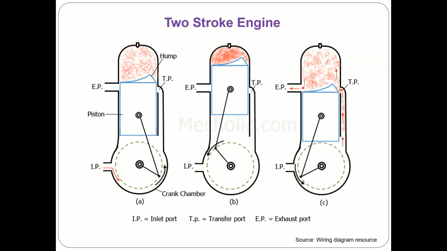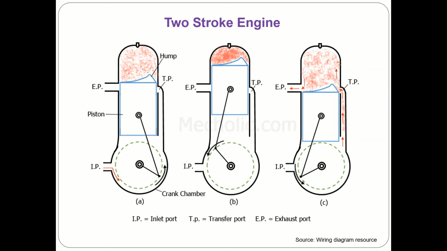Fuel is to be injected once in 2 revolutions, while in case of a 2-stroke engine, since we are supplying fuel and air mixture in each revolution of the crankshaft, we expect that the power obtained is doubled. But since there is a loss of fresh charge along with the exhaust, and that leads to poor fuel economy, the power which is obtained is only 30% more.